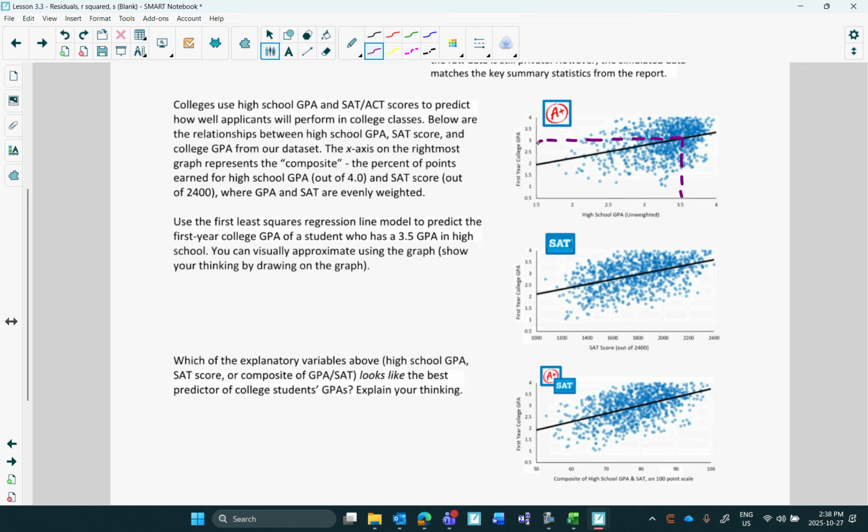You can probably be more accurate than I can. Does it hit around 3 or a little higher than 3? From what mine is, I get approximately a 3.0 college GPA.